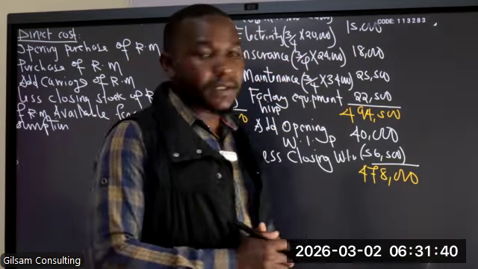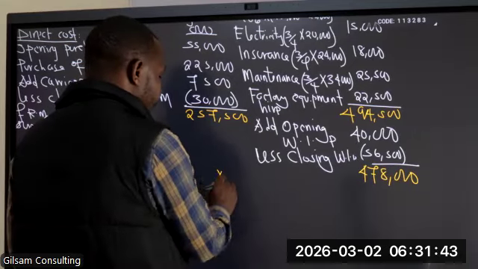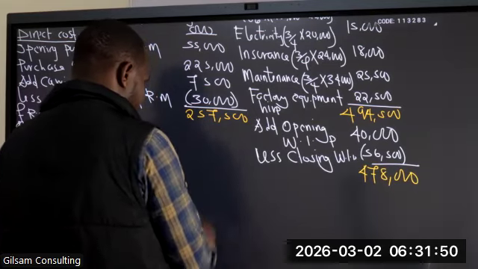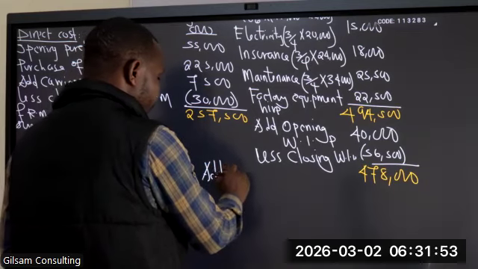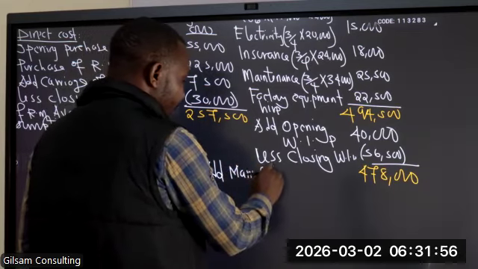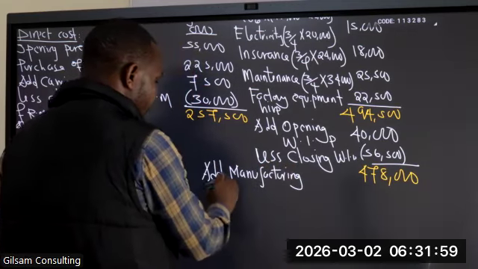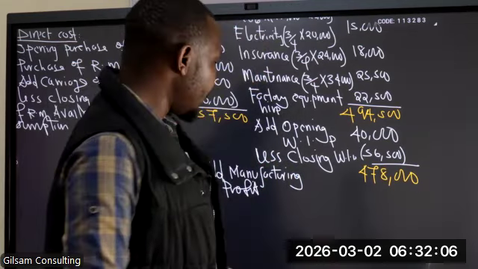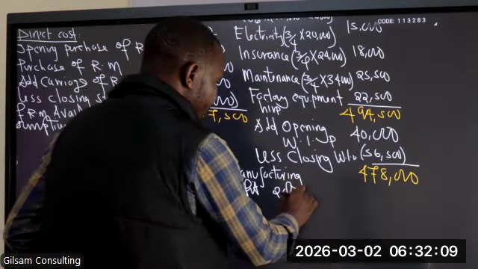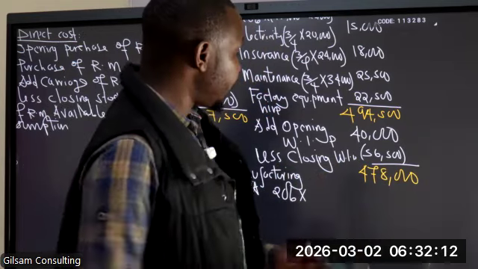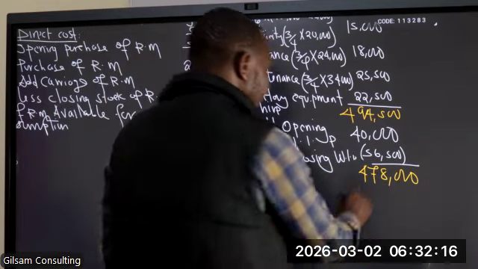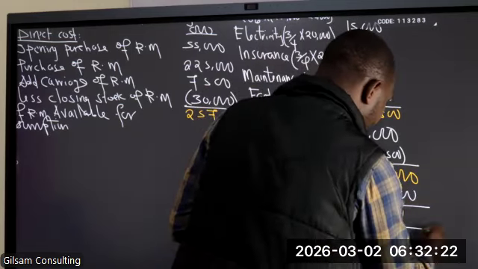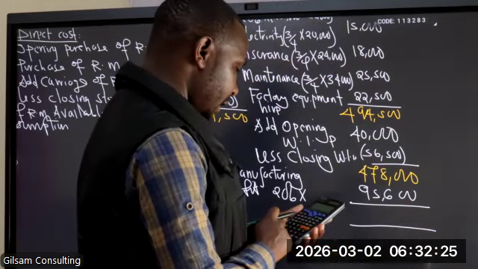So you see, add manufacturing profit, which is 20% of 478,000. We get 95,600.